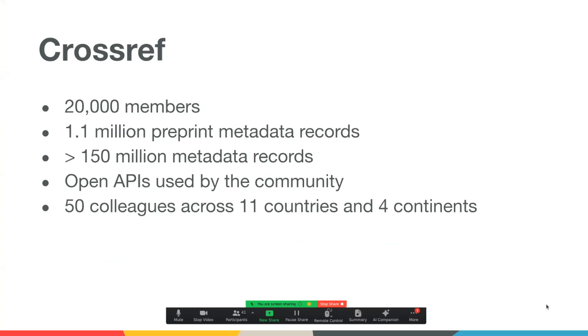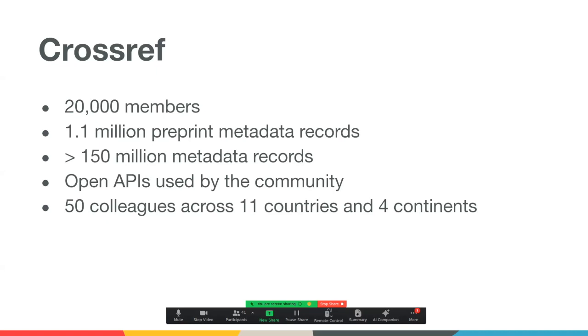It's a very diverse membership, and I think this impacts on how we do a lot of things, and I think diversity within preprints is very important. We have about 150 million metadata records for different research outputs, and just over 1 million of those are preprint metadata records. All of the metadata that we have is open, publicly available through APIs.